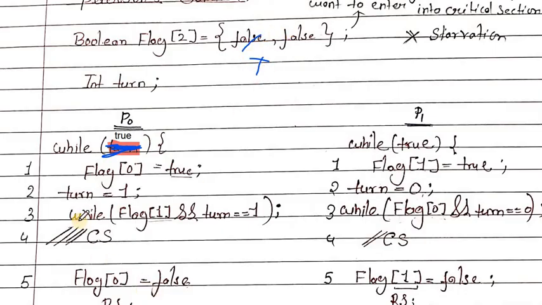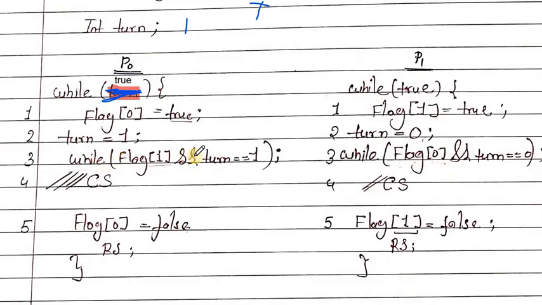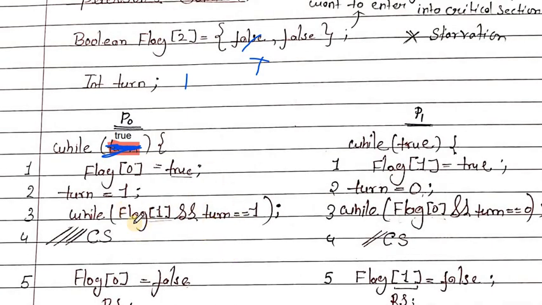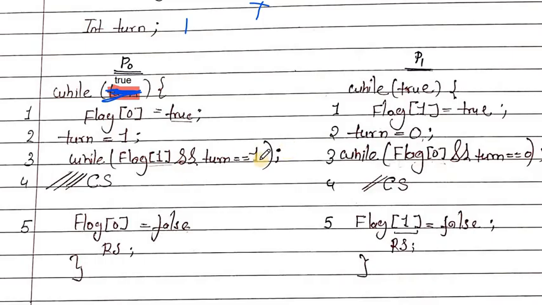Now turn is set equal to 1, so turn becomes 1. Then while flag 1 and turn equal to 1: flag 1 is false and turn equal to 1 is true. So overall the condition is false, and we execute the next line, which means process P0 is in the critical section now.